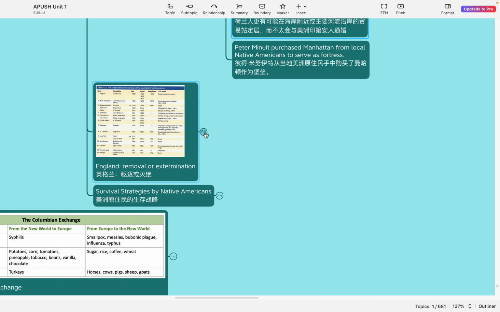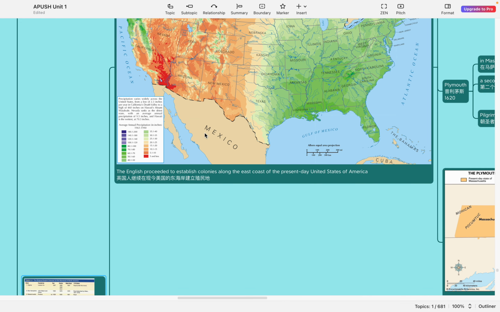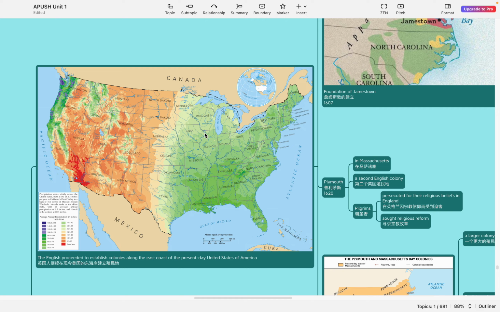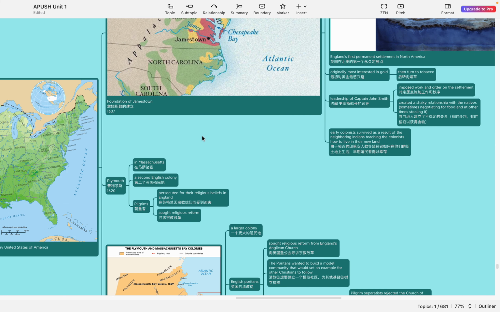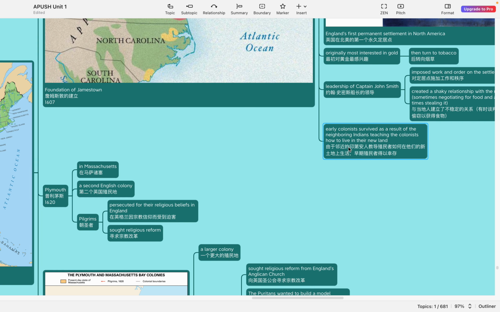The English in North America got a huge helping hand from Native Americans in the early days of colonization. Native Americans taught the clueless colonists how to grow corn, hunt in the forests, and find basic survival resources in harsh environments.